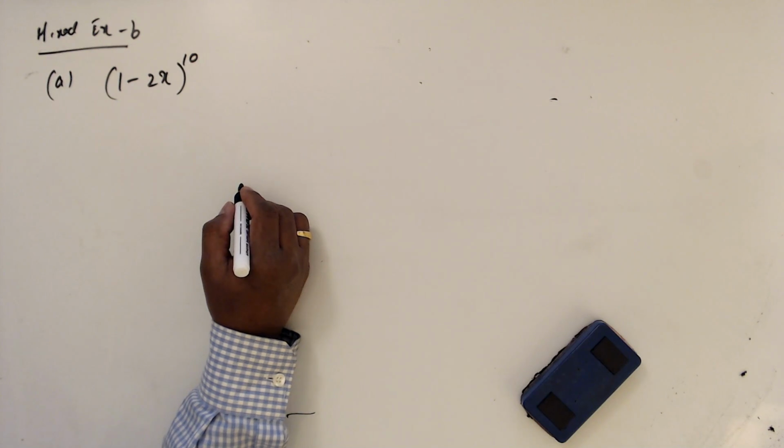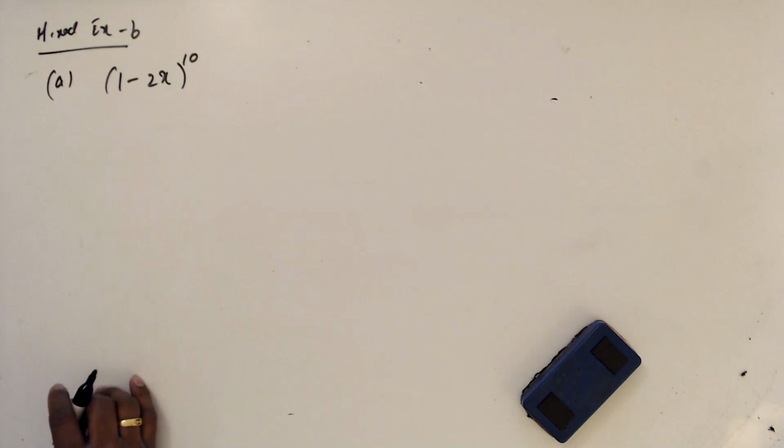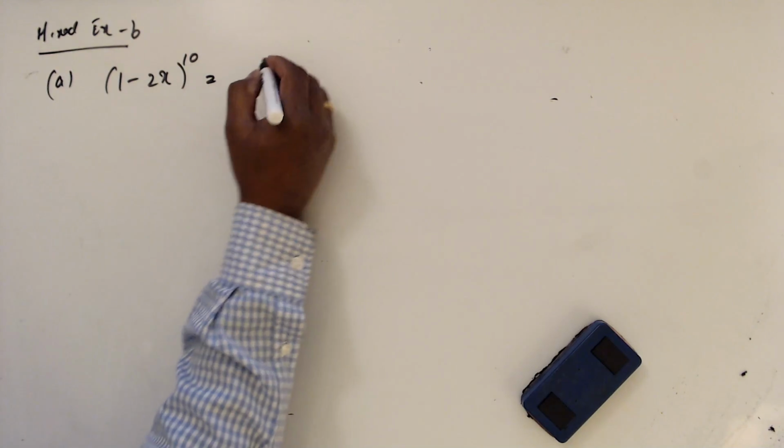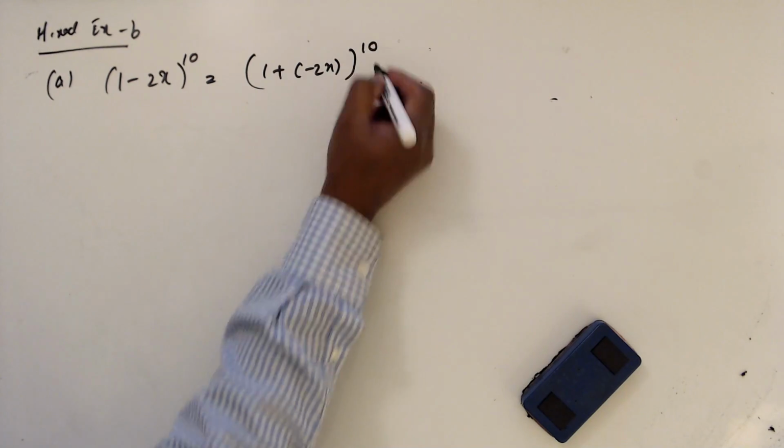1 minus 2x to the power 10. We want to write up to x cubed. So this is 1 plus minus 2x to the power 10.